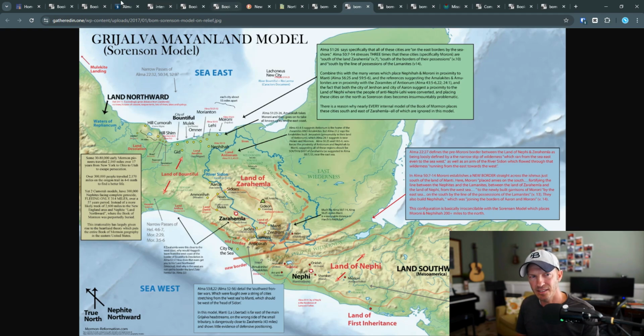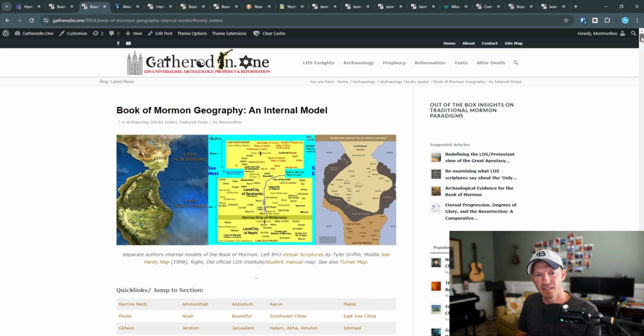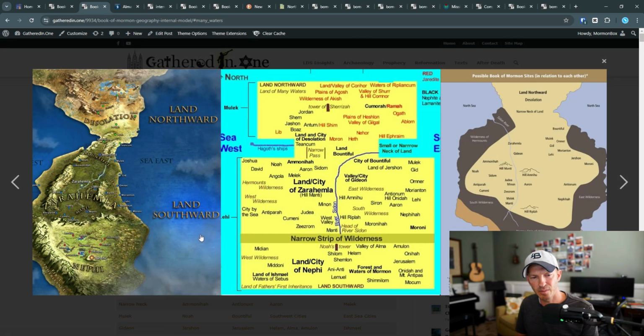And that's obvious because all of our independent internal models, right? Did they do that? No. They have Moroni over here by the East Sea, this one here, this one here, right? They put Manti down by the south. They all are fairly similar, not because they saw each other.